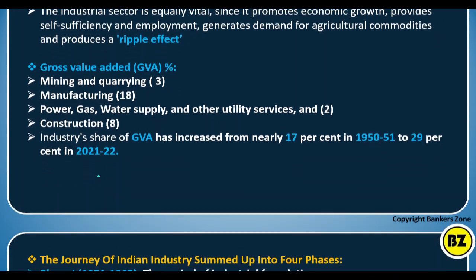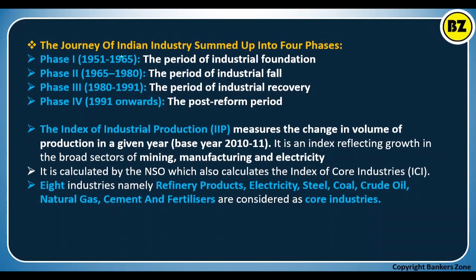Okay, now see here the journey of the Indian economy summed up in 4 phases. If we have to study the Indian economy's journey, we make 4 phases basically. Phase 1 is 51 to 65, called the period of industrial foundation. When we got independence, we did not even have factories, because the British were taking raw material from India and producing only in Britain or England.